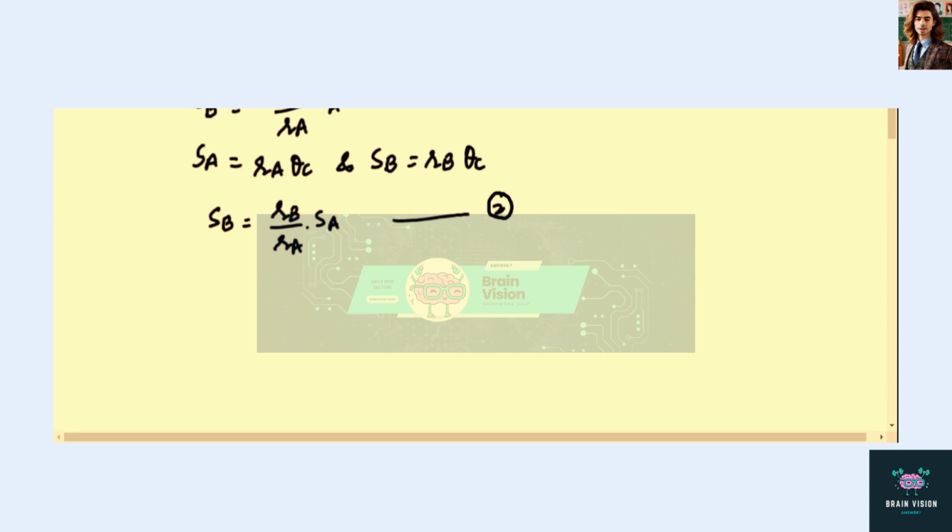Now we will apply the work energy theorem with initial and final position. So the initial kinetic energy of the system is 0.